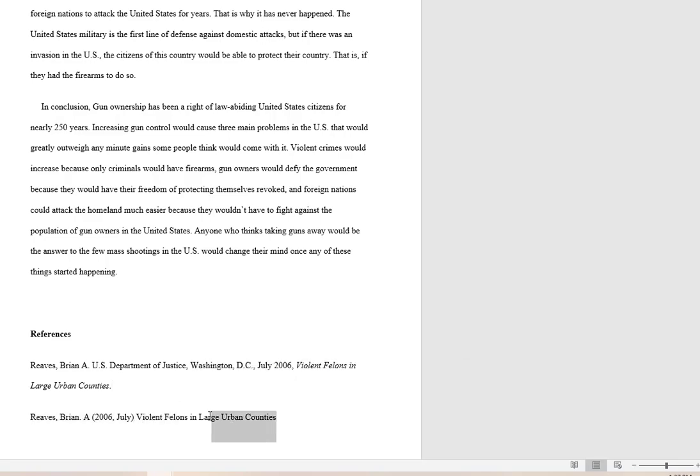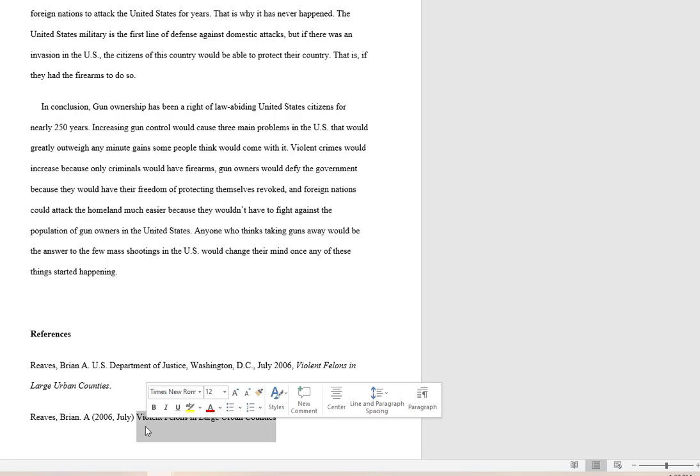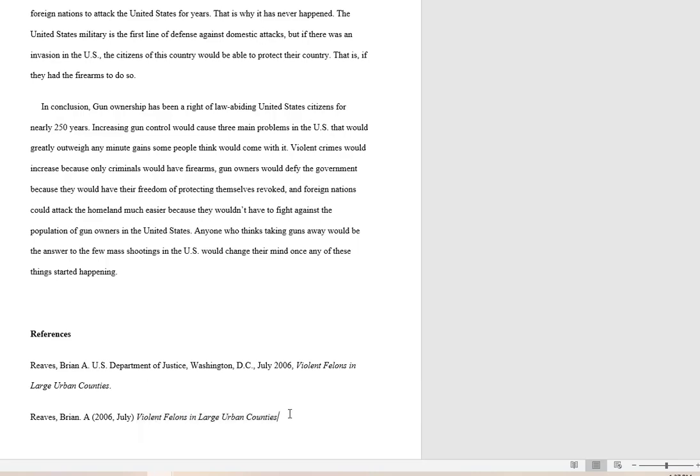See, italicize this. Then you write in the publication, and then I don't need italics anymore. So you would write Department of Justice, which is where he got the information from, and then that's it.